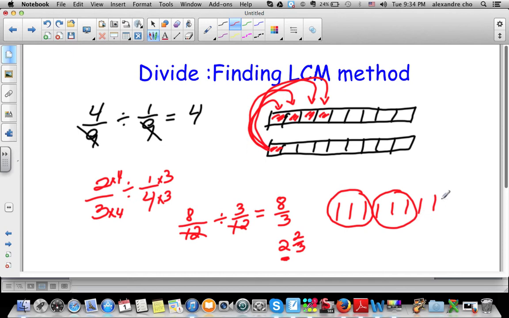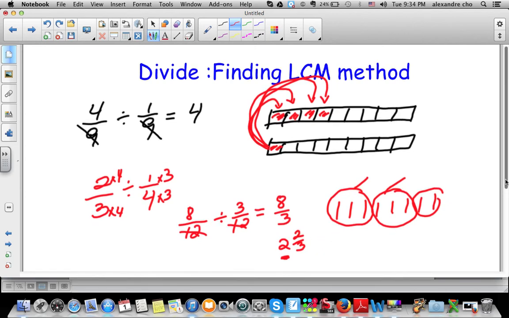Can I? No, but I can make 2 out of the 3 that I wanted, and that's how I got 2/3. I can make one full group of 3, another full group of 3, and this one I can't exactly make a full group of 3, but out of the 3 that I want to make, I can make 2 out of the 3, and that's what my answer says.